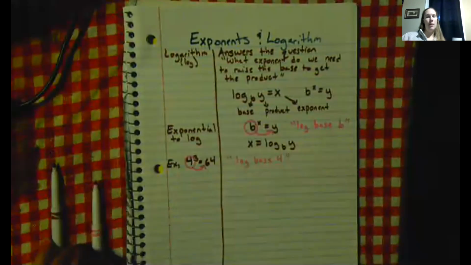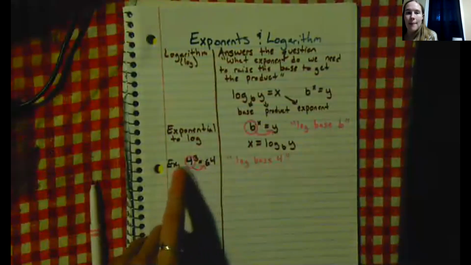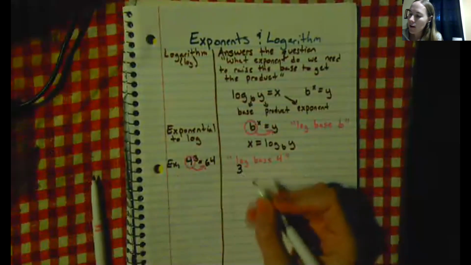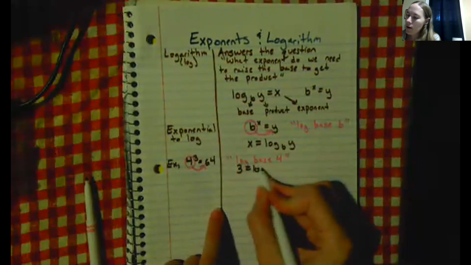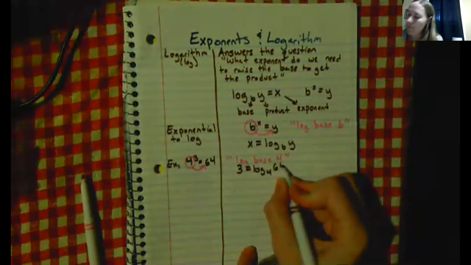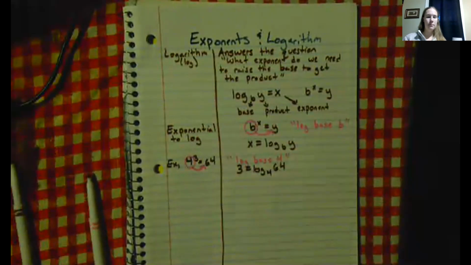And that's going to help me with rewriting. Because I moved the base, I have the 3 left on this side. It's going to equal log base 4 of 64. And we've rewritten that one.